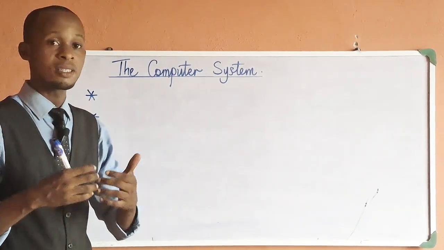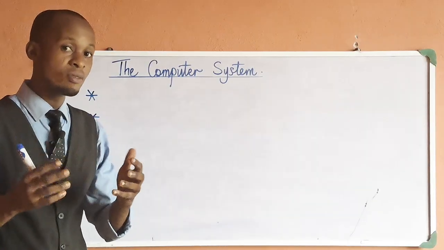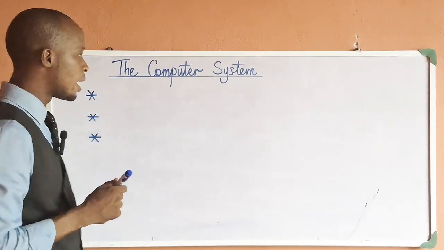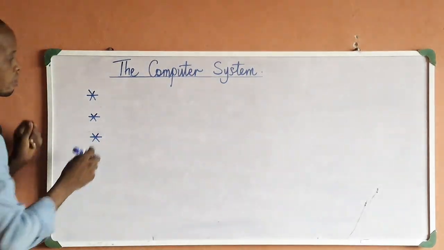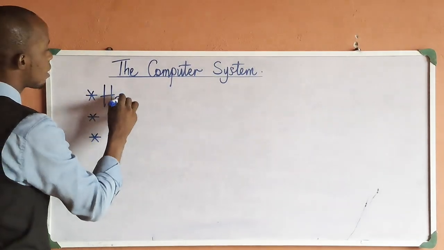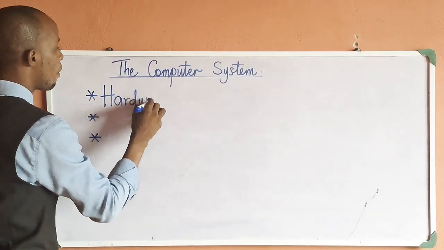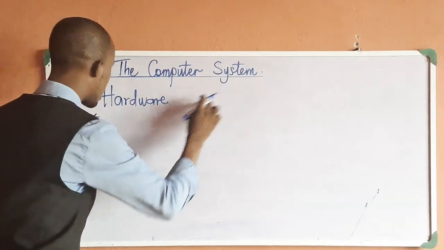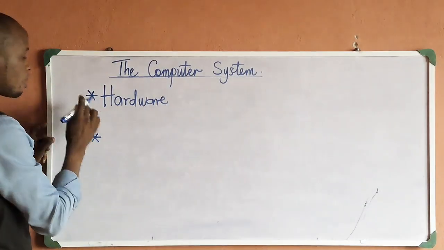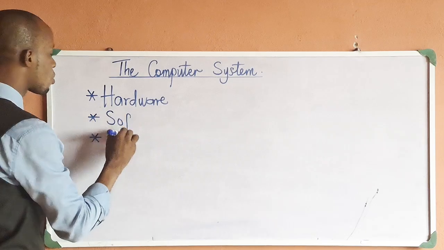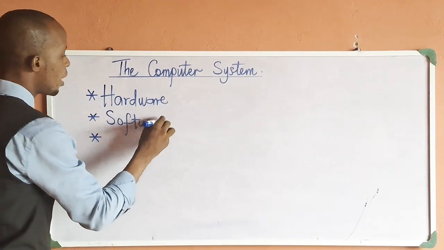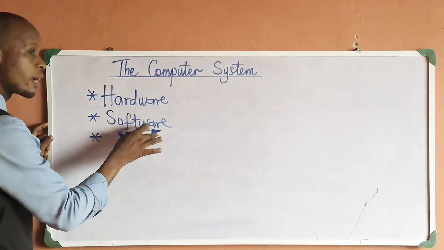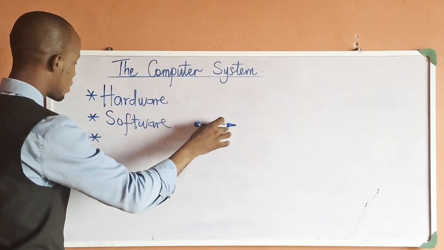When we say computer system, we have three categories. Number one is hardware, the hardware component of the computer. Number two is the software, the software part of the computer.